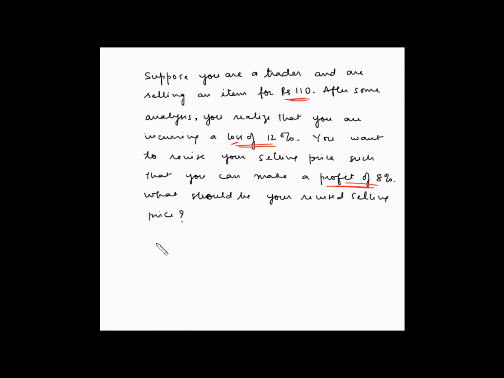Now we already know that we are currently making a loss, and we know that in case of loss, the absolute amount of loss is equal to the cost price minus the selling price. Now here the loss is given in terms of percentage, which is 12% of cost price is equal to cost price, which is an unknown, minus the selling price, which is 110.